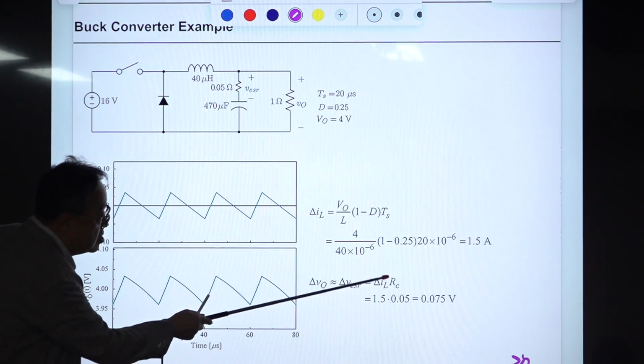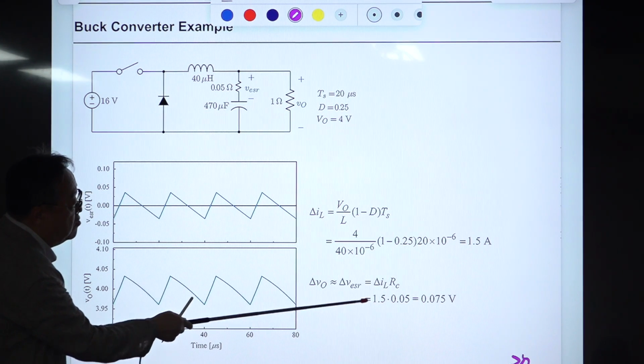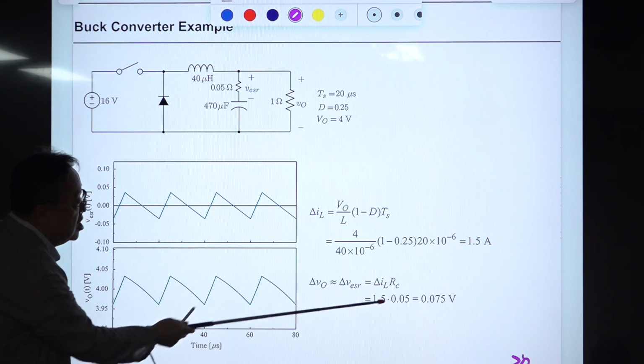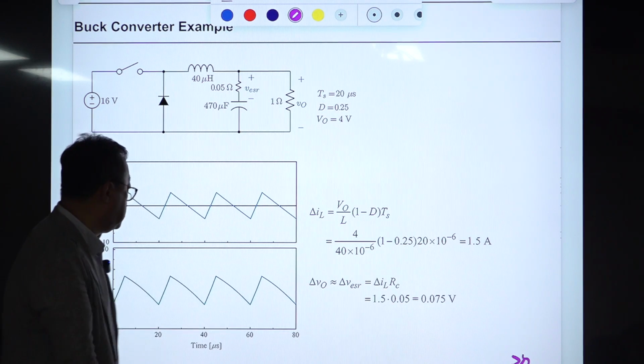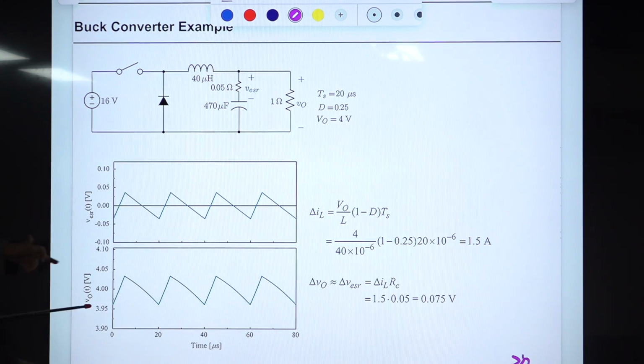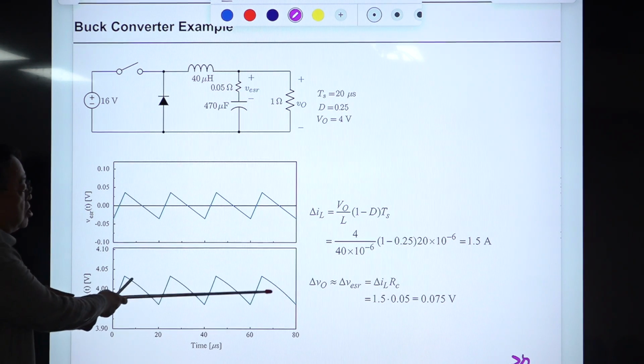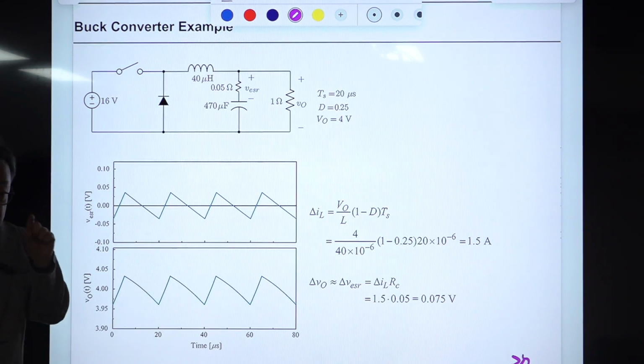This is del IL, which is 1.5. This is RC. Then the prediction is this one, and you compare this prediction with this, they are very close. Just consider the ESR of our capacitor. If you want to have smaller output ripple, just use a capacitor with a small ESR. But you should know the value of ESR for the dynamic analysis and control design of this.